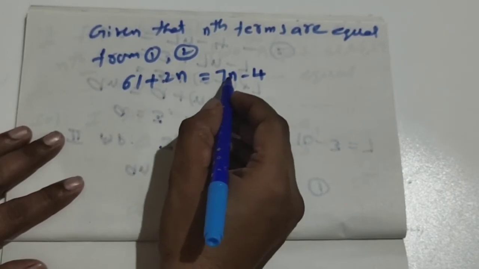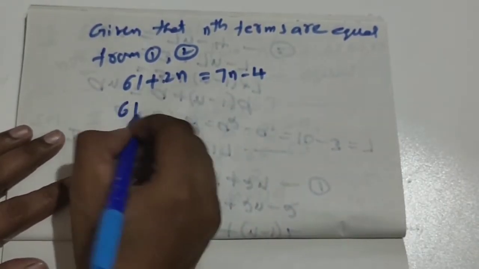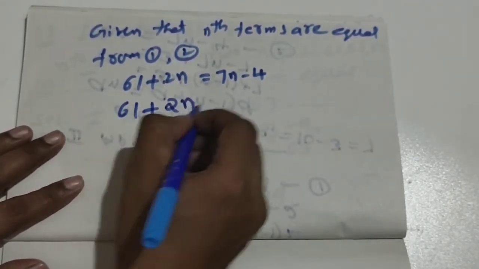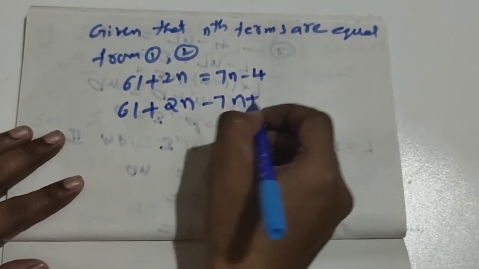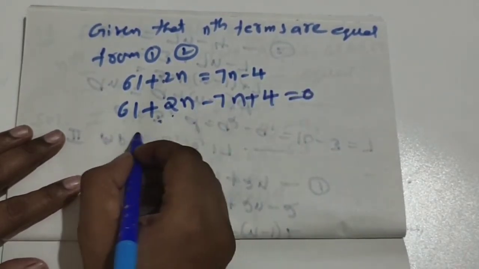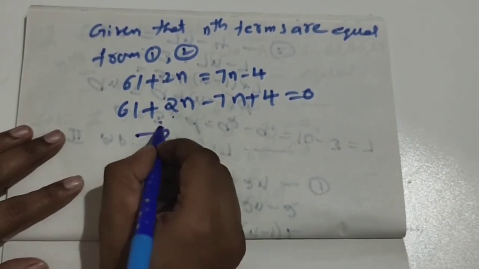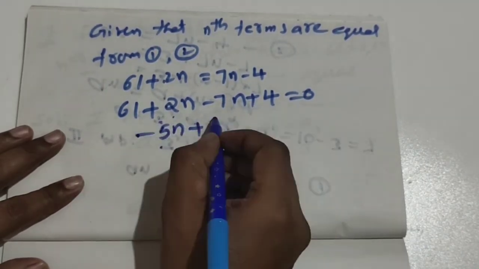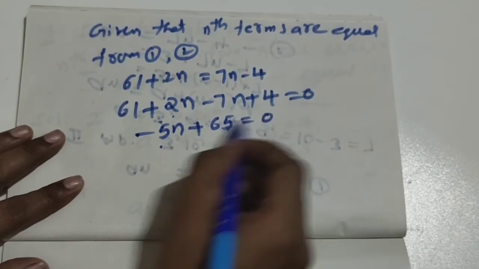Now take the 7n minus 4 to the left side, we get 61 plus 2n minus 7n plus 4 equal to 0. Now 2n minus 7n is minus 5n, plus 61 plus 4, 65, is equal to 0.